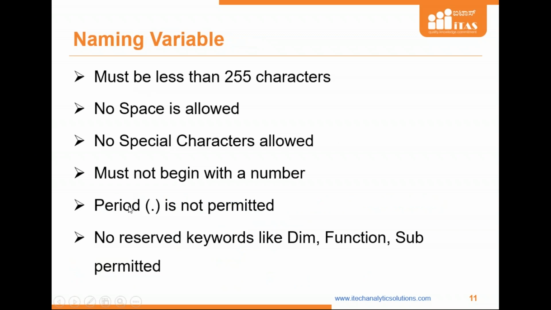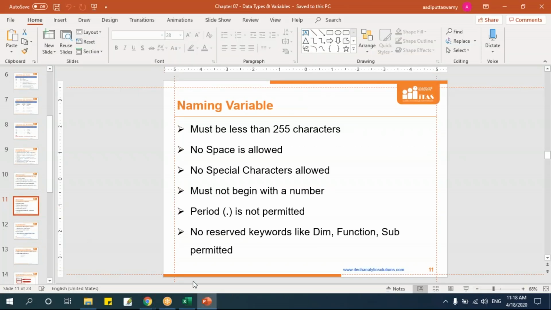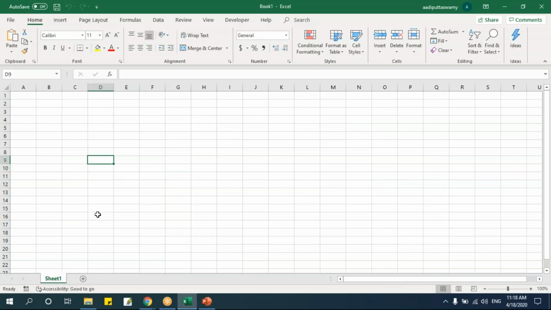Now I'll go to the Excel sheet and we'll understand why these data types are very useful and how to use these variables. Okay, fine. Let me open one Excel sheet. It's a new Excel sheet which I've opened. I will save this.